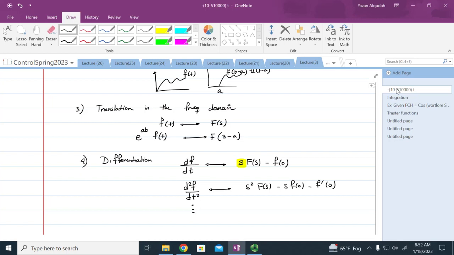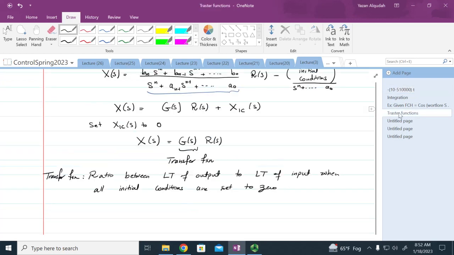What is the second derivative? s squared multiplied by F of s. What is the third derivative going to equal to? s cubed multiplied by F of s. Make sense? All these initial conditions are set to 0 by design. And then I take the ratio between the output and the input. That ratio is going to equal the transfer function.